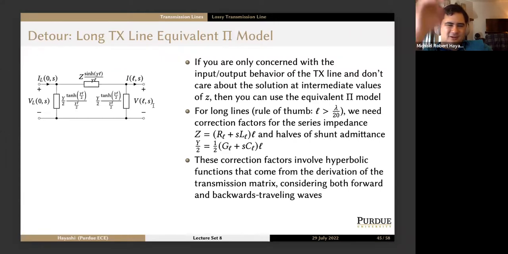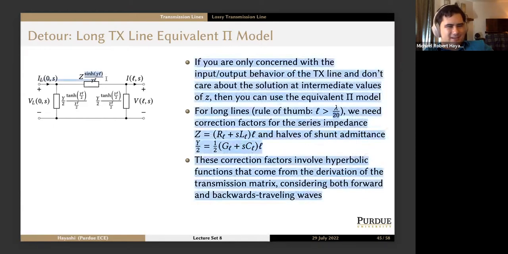So for long transmission lines, greater than a 20th of a wavelength, we need correction factors for Z, which remember was, in the nominal pi model, R L plus sL L, the length of the line, and it has a shunt admittance, Y over 2, which is 1/2 quantity G L plus sC L times the length of the line. And you get that the equivalent pi model has something that looks like this.